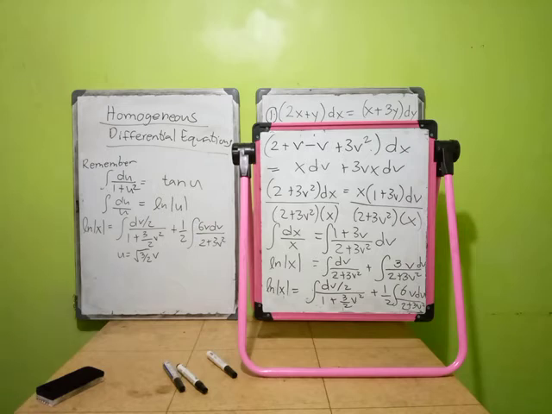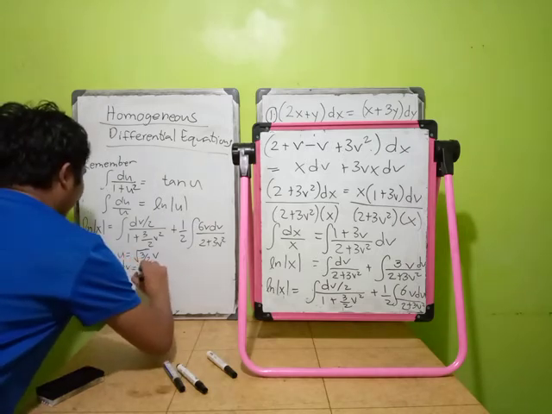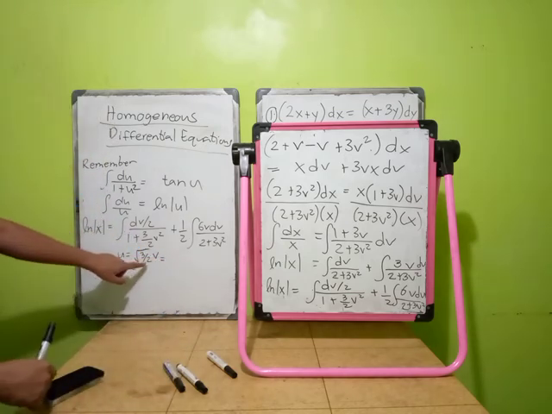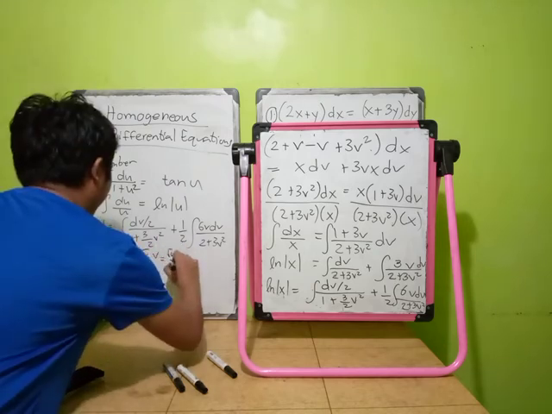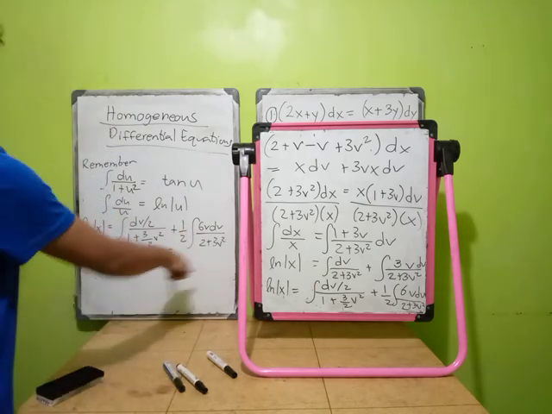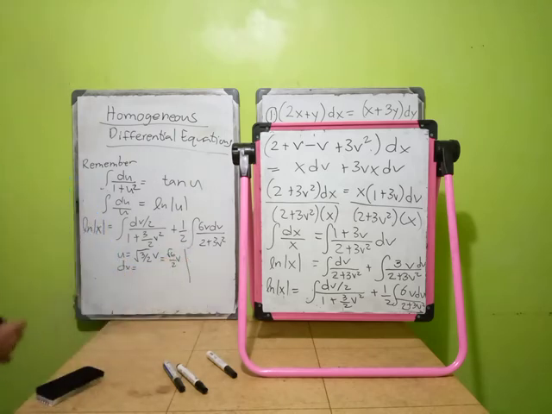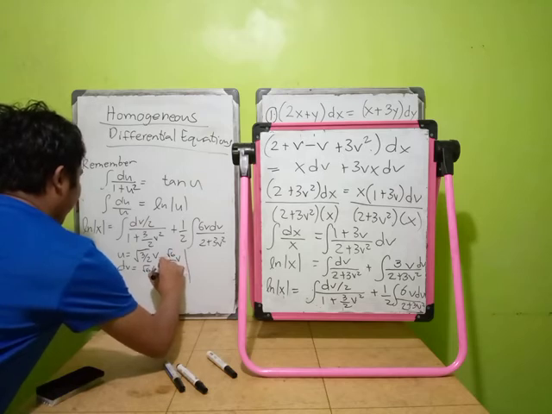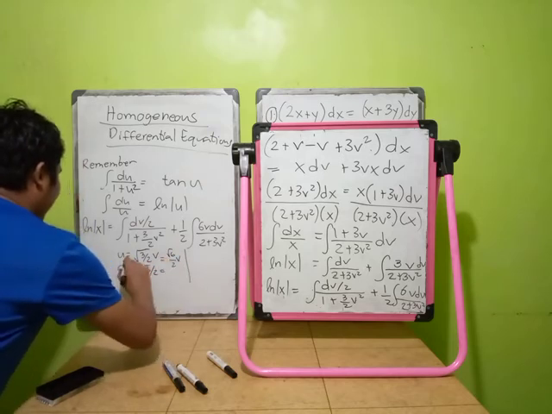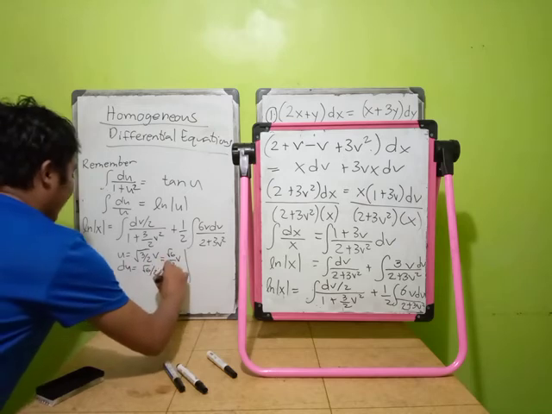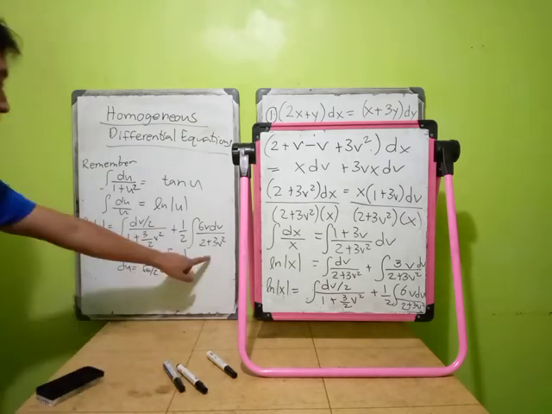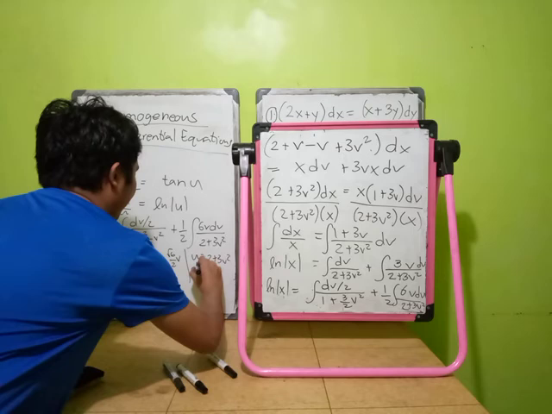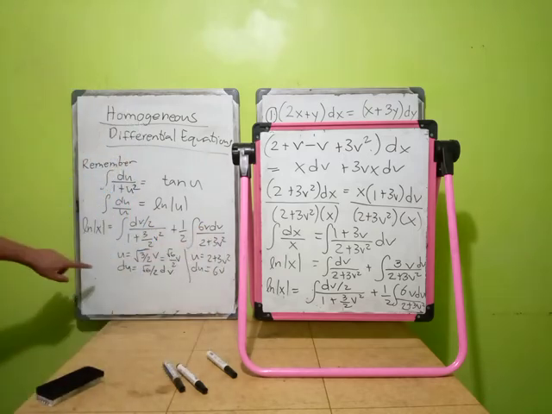Okay? And then the du supposed to be, we can simplify this by multiplying square root of 2 on both sides, so magiging square root of 6 over 2 v ito. And then, yung dv niya is square root of 6 over 2, at yung du pala niya is square root of 6 over 2 dv. Dito naman, automatically, yung u natin is 2 plus 3v squared. So, dapat yung du niya is 6v. Okay? So, nasatisfy na natin ito.